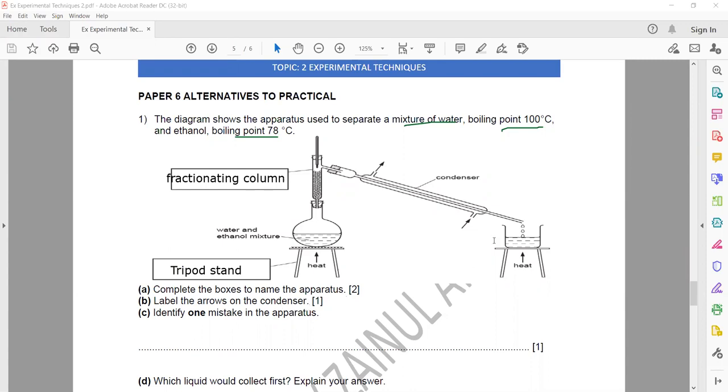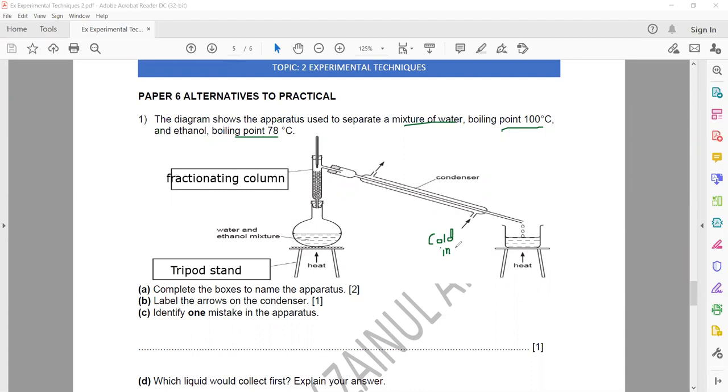Label the arrow in a condenser. So in a condenser, what happens? Cold water enters the condenser, because the water is used as a coolant. Water has a tendency to absorb heat. That's why, like in a car radiator, we add water. What is the purpose of adding water in the car radiator?